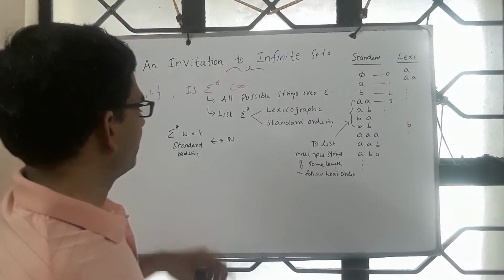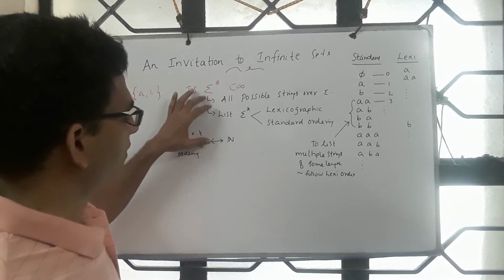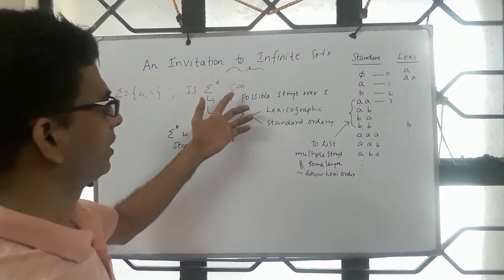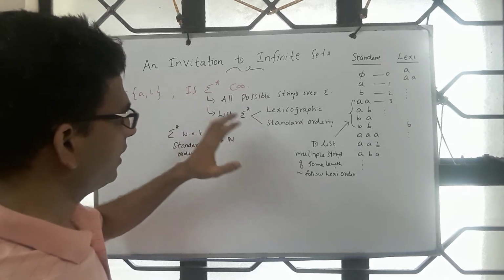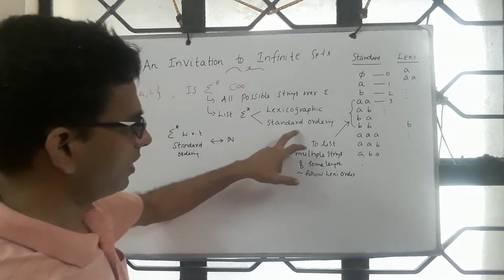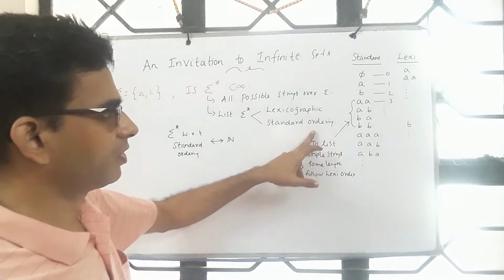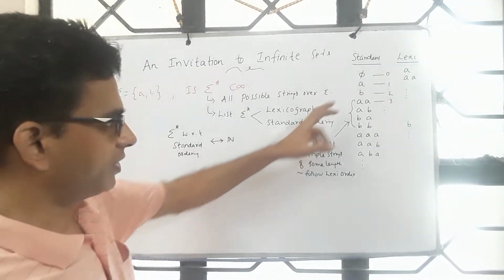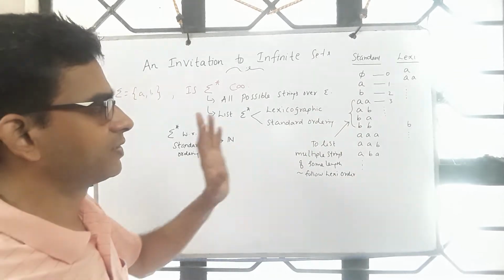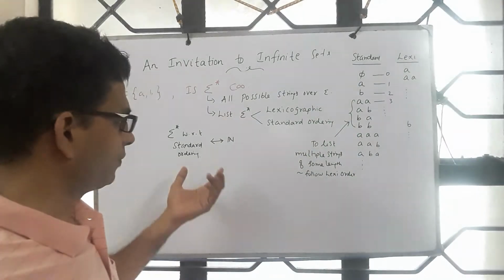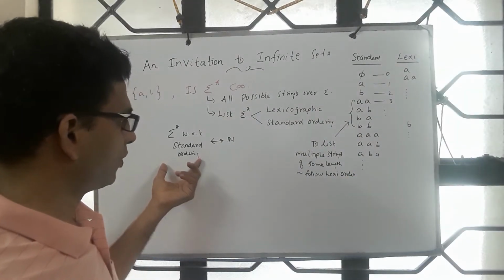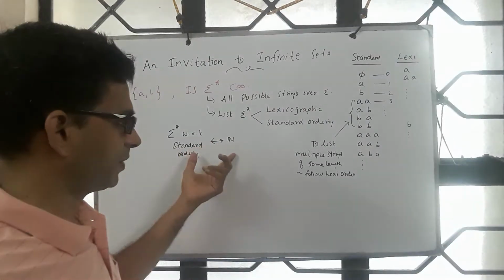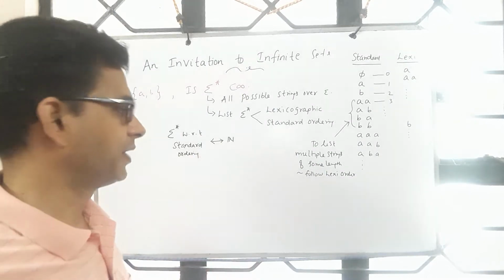So similarly, if you just look at the set sigma star, we may not be able to conclude that it is countably infinite. And when I bring in sigma star and the elements in standard ordering, then you see that there is a mapping to n, or there exists an enumeration of sigma star. So we will have to come up with an appropriate model so that bijective mapping can be established with n.